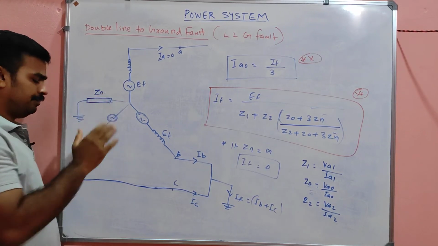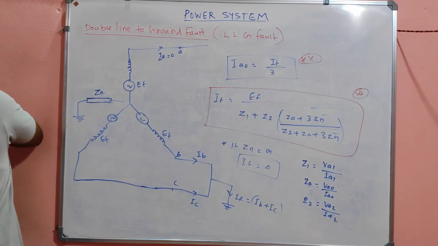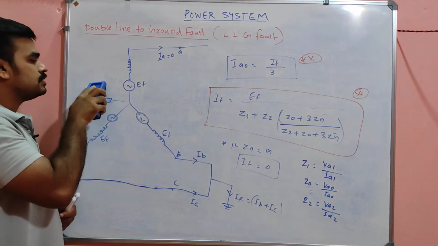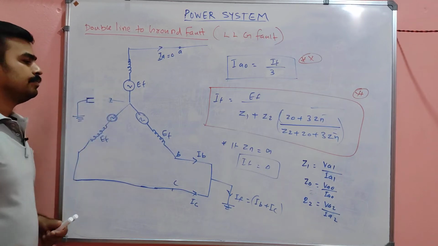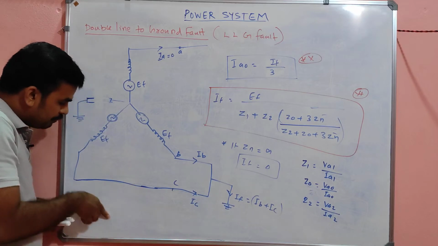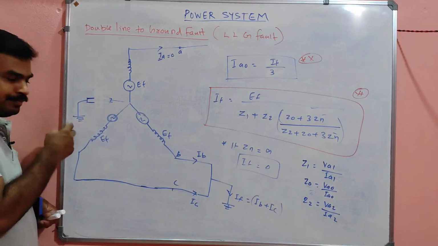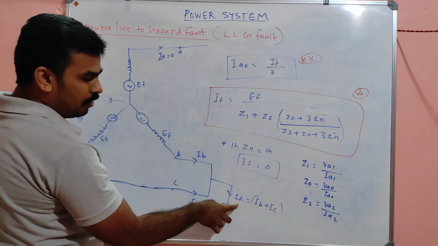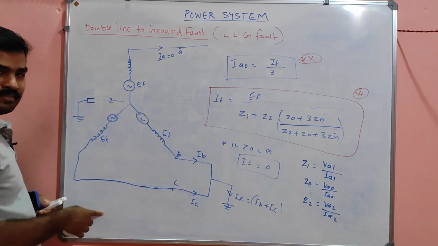There is no Zn, so the continuity will break, and if the continuity breaks, there will not be a flow of fault current.